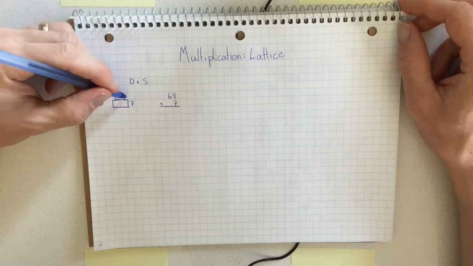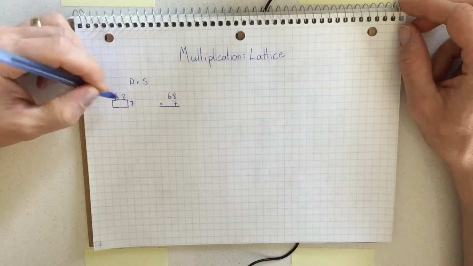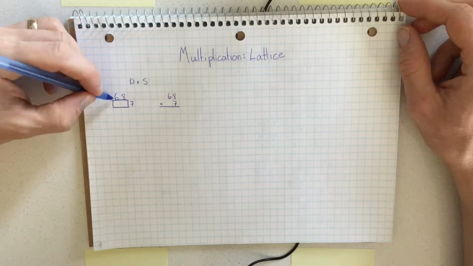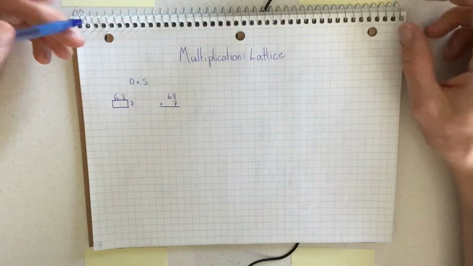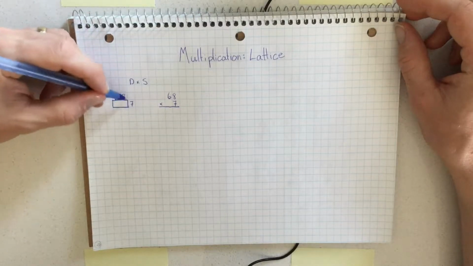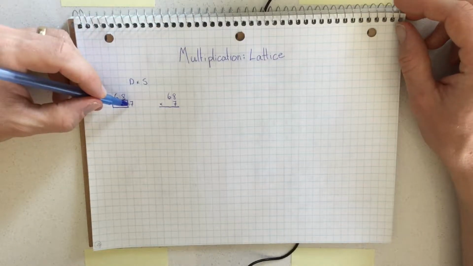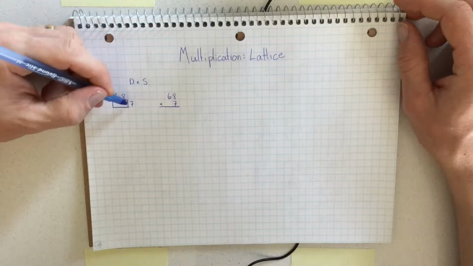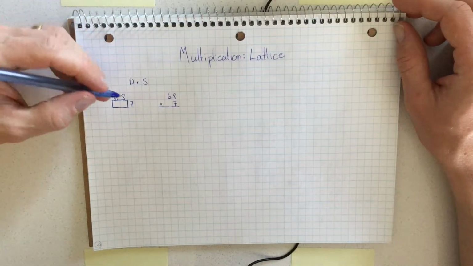How wide your grid is is based on how many digits or place values your multiplicand has, and how tall your grid is is dependent on how many digits or place values your multiplier has.